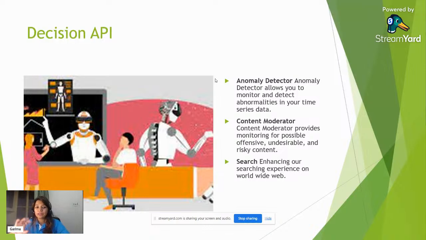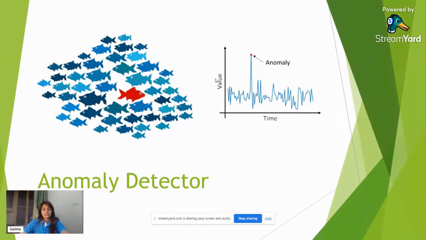So what is the anomaly detector doing? Here is a slide. It is quite easily visible what the anomaly detector is actually doing. In the first image you can see a lot of fishes. What the anomaly detector is doing is just identifying the odd one out, the one which does not fit with the group. This is a very small set of data.